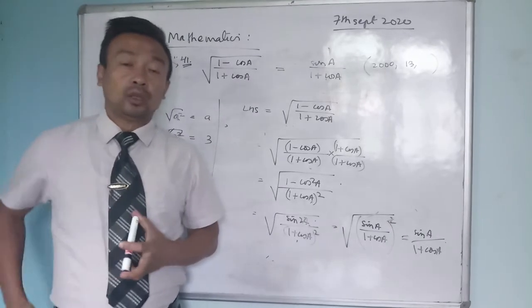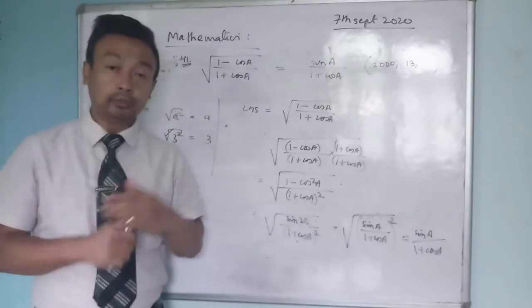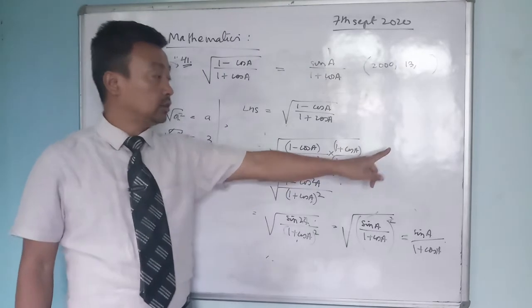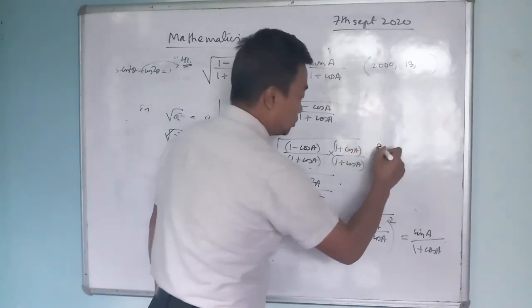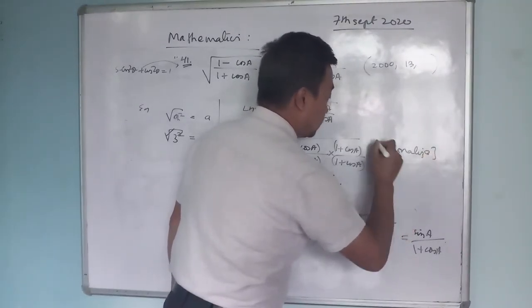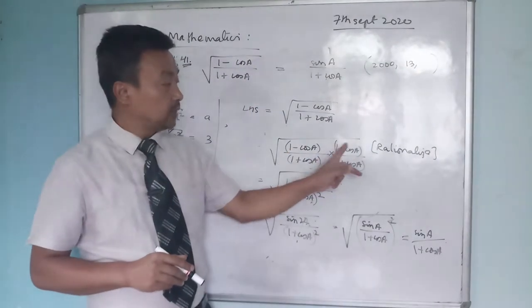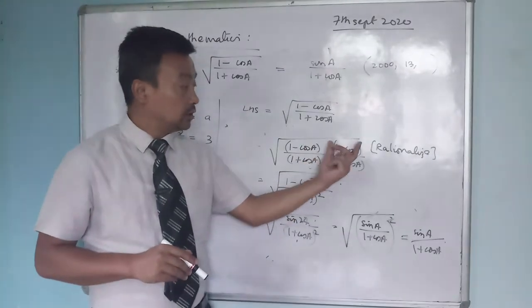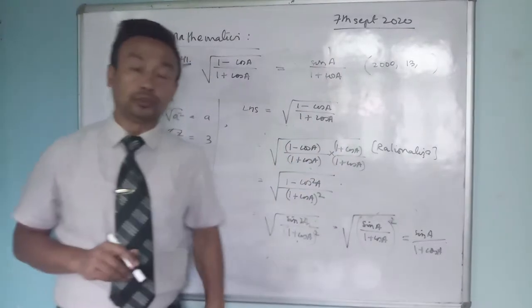So here, whenever you need a square in the trigonometric identities or ratios, the process to get a square is to rationalize. This is a very, very important process. Rationalization. You can rationalize with 1 minus cos A or with 1 plus cos A. It depends on the situation and on the question.